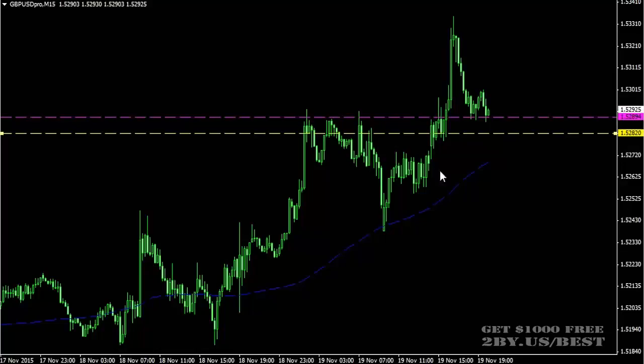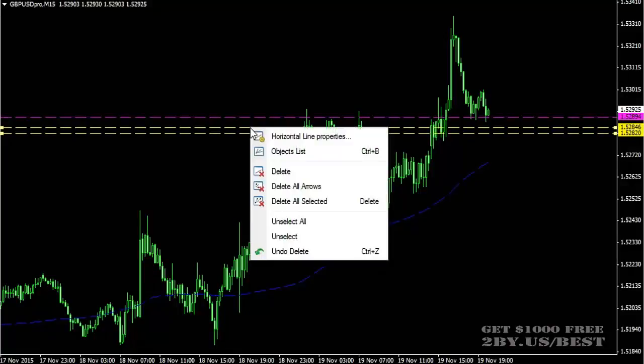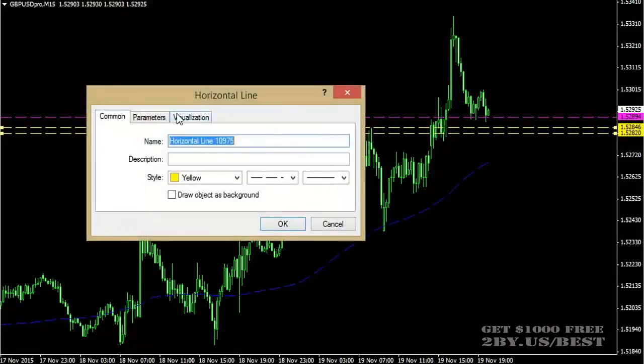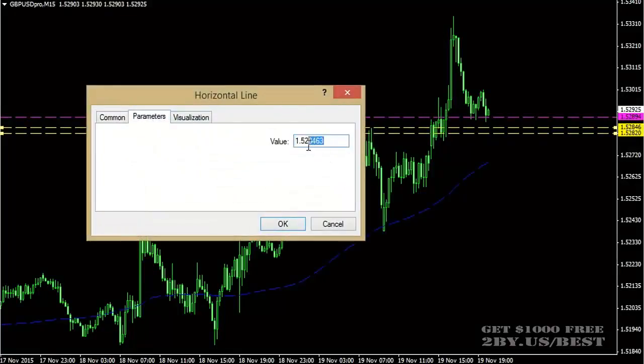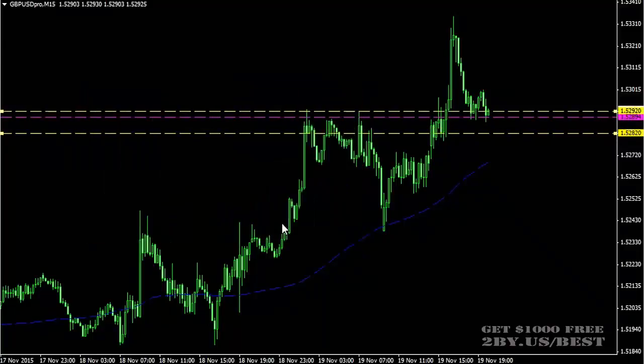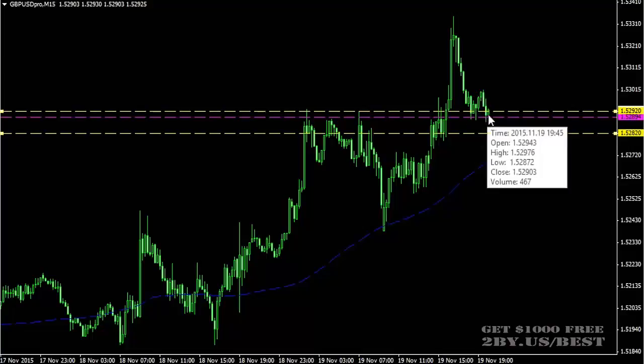5292. So let me draw another level. 5292. So we're basically saying that the price is going to stay above this level as well. Okay, like I said, this one's a little bit closer to the underlying market, and typically you want to give yourself a little bit of cushion.